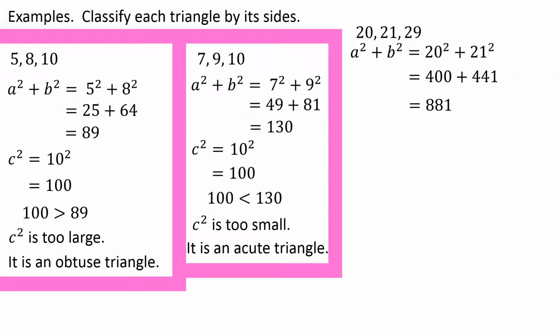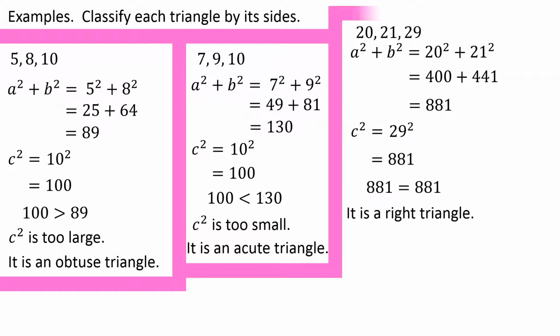That adds up to 881. Well, let's compare that to 29 squared. Now again, most of us don't go around memorizing something like 29 squared. Just grab a calculator. 29 times 29 happens to be 881. Holy cow, you look at that, it's an exact match. If it's an exact match, it's got to be a right triangle.